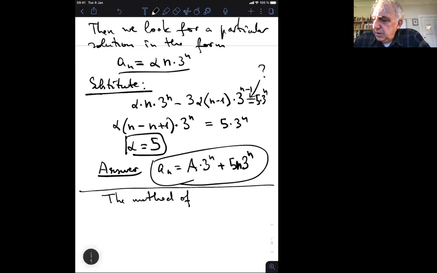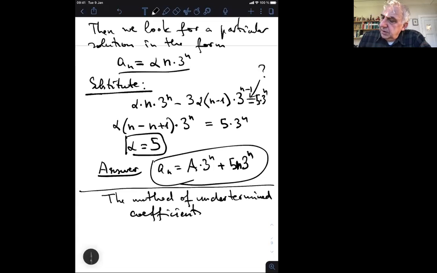So a generalization of those things is called the method of undetermined coefficients. And again, if you have studied linear differential equations with constant coefficients, then you know what I'm talking about.